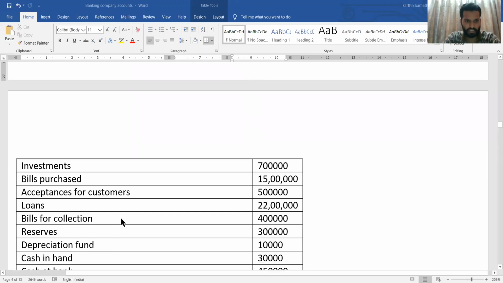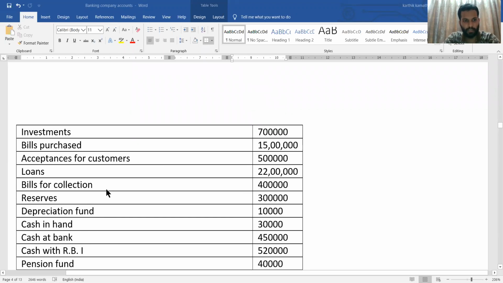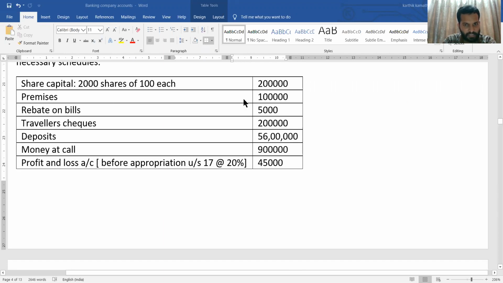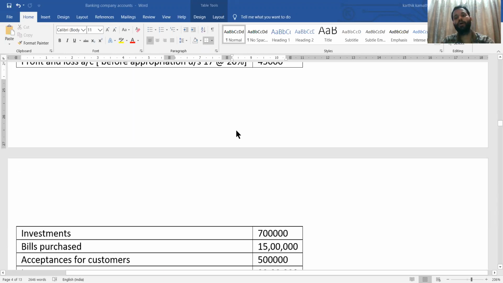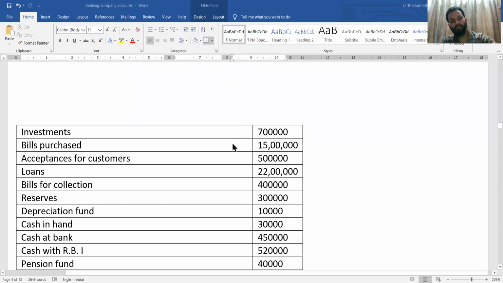Then loan information is given, bills for collection, reserve information under schedule number 2, and depreciation fund. So here is one more adjustment in the problem. For the depreciation fund, there is premises information. Premises is 1 lakh, and from premises, the fund is kept for depreciation. If there is any wear and tear in the asset, this amount is used; that is the depreciation fund amount.